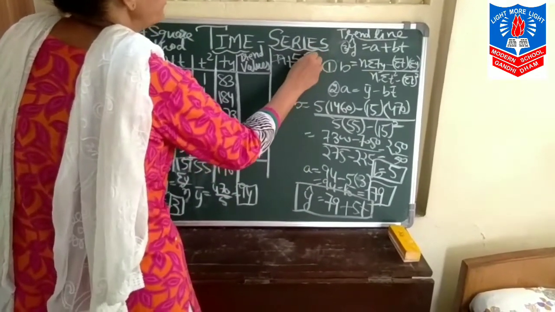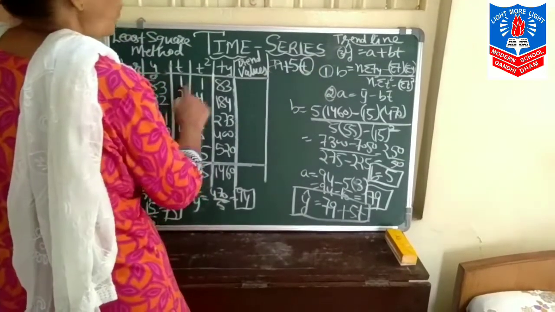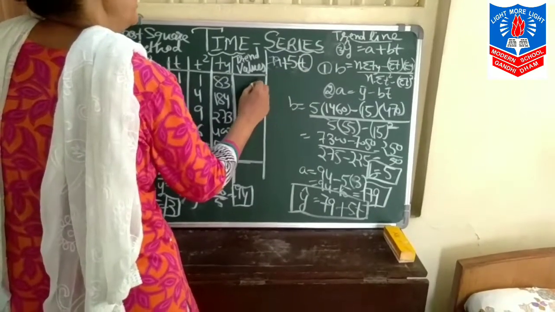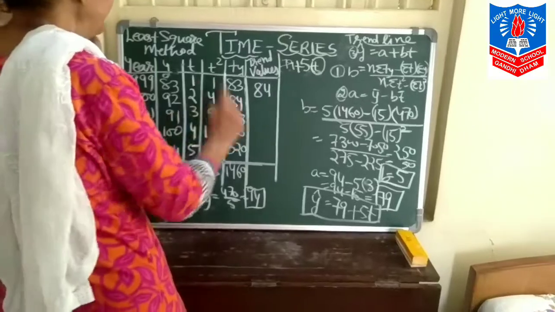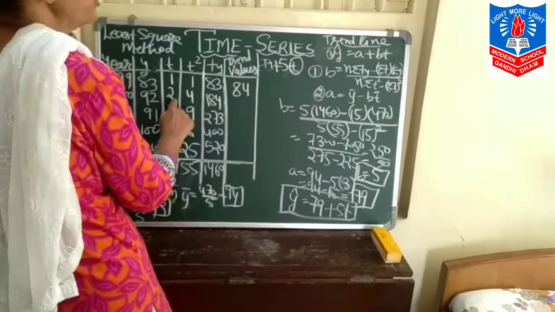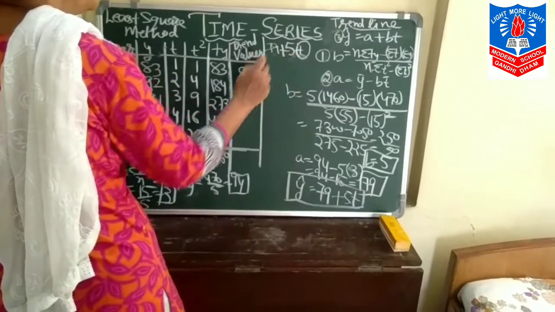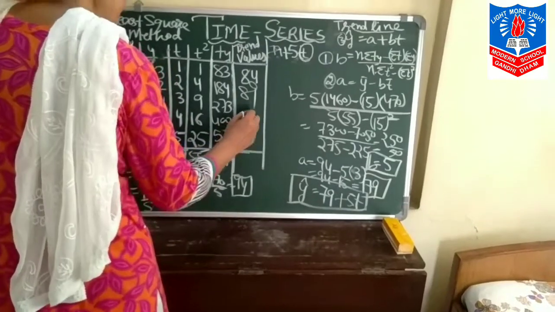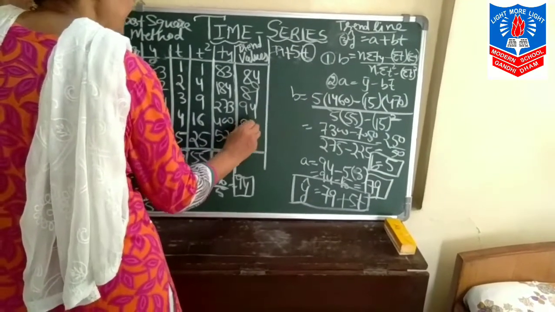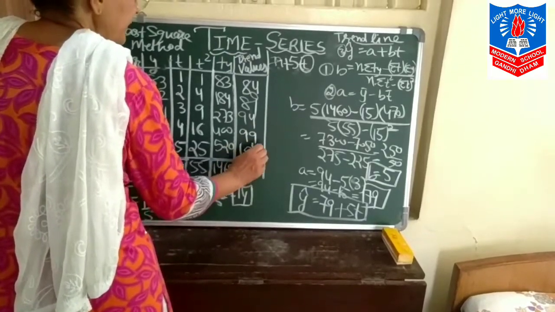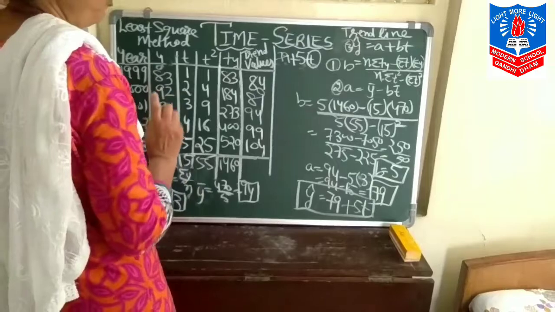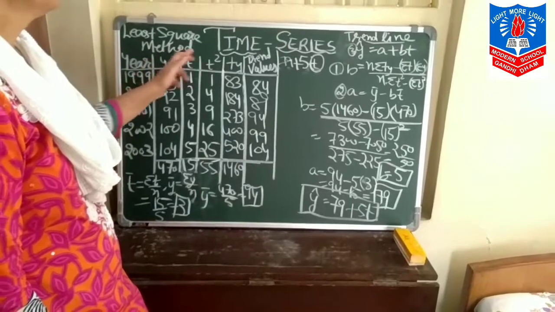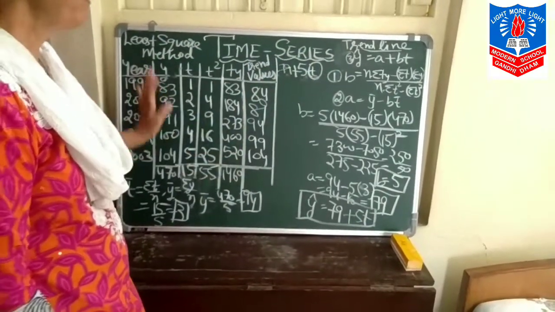In place of this t, we put 1. So this will be 79 plus 5 ones are 5. That will be 84. Same way, in place of t, we put 2. So this will be 5 twos are 10 plus 79. That will be 89. This way, all these values will be called trend values. 94, 99 and finally 104. So this is the way how we find, with the least square method, the trend line as well as trend values.